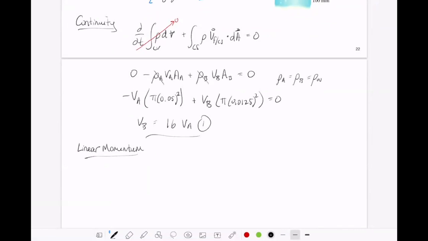So if we write our linear momentum equation, the sum of the forces equals the derivative with respect to time of the control volume integral of rho times velocity dV, plus the control surface integral of velocity times rho times velocity of the fluid with respect to the control surface dA.